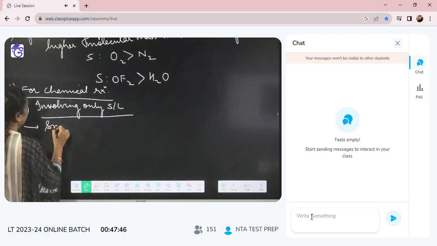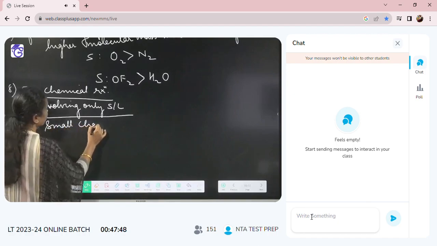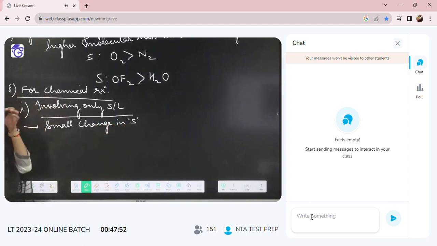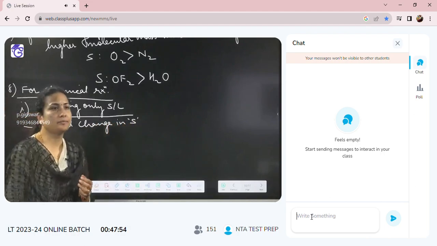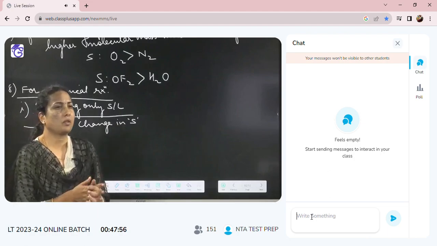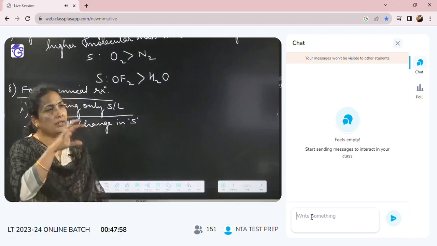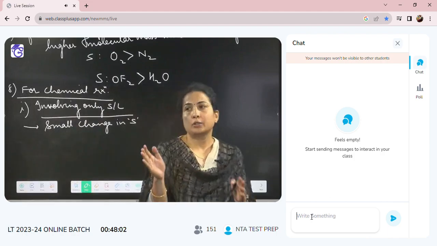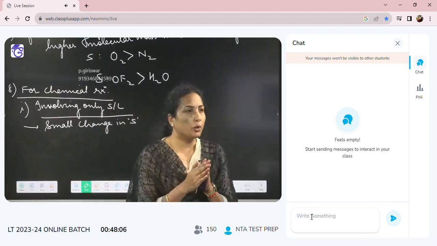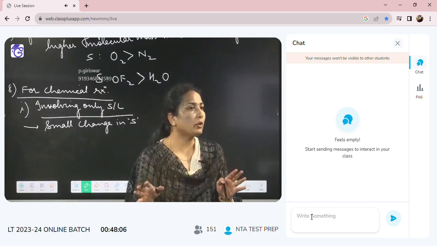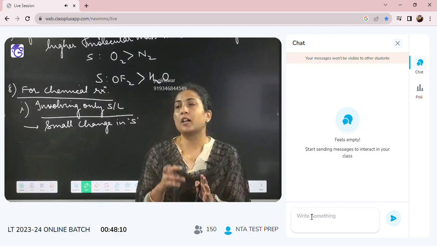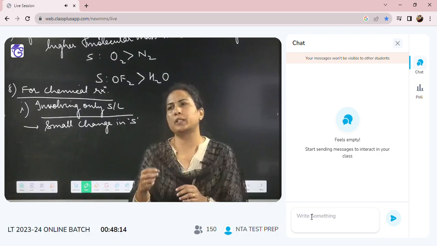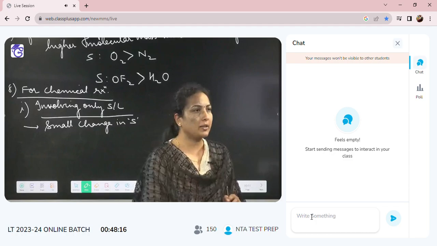So I'm writing here small change in entropy. Reason being, gases are not there. You are having only solid and liquid, right? So in that case, what is going to happen? Entropy is definitely going to change. But the entropy change will be less because the entropy of solid and liquid is much lesser in comparison to gas.